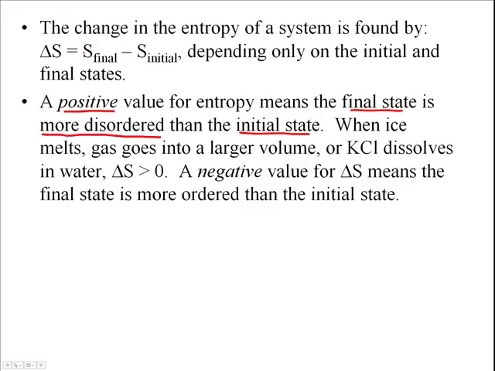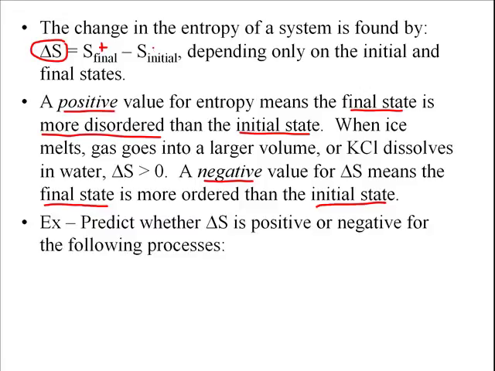Okay, so for this number to be positive, the final state must be bigger than the initial state, which means the final state is more random than the initial state. Okay, a negative value for the change in the entropy means the final state is more ordered than the initial state. For this number to be negative, this has to be smaller than that number.